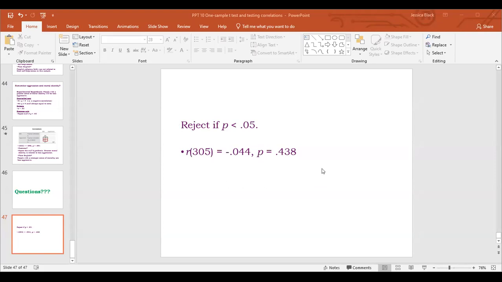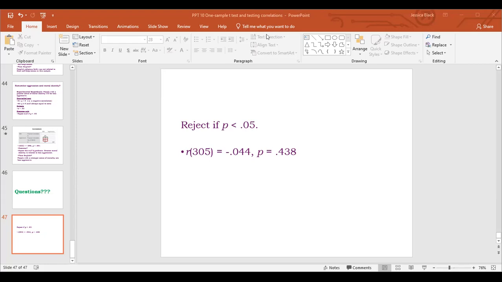We run our correlation analysis and we get Pearson's r with degrees of freedom 305 equal to negative 0.004 and p equal to 0.438. Now, if you have exam panic or math panic and you suddenly don't know whether this is greater or less than 0.05, I'm going to show you the easiest way to deal with this panic.